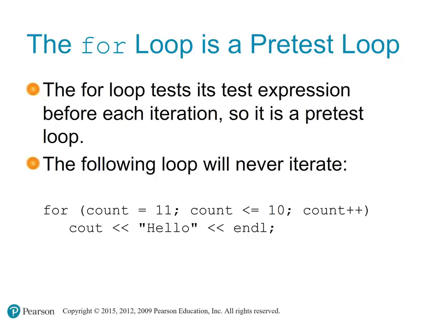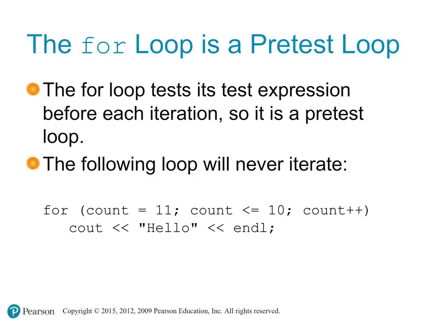The for loop is a pre-test loop, meaning it evaluates its test expression before each iteration. A for loop checks its test expression before entering the loop body. If the test expression is false, the loop body will not execute even once. This example, for counter equal 11, counter less than or equal to 10, counter plus plus, demonstrates a for loop with an initial false condition.